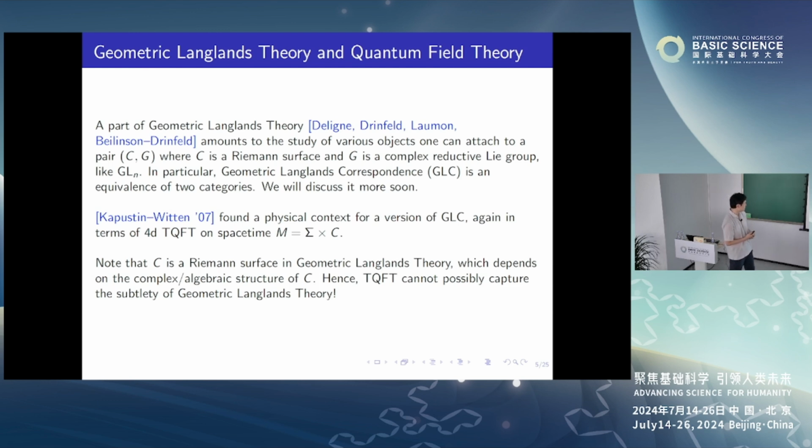That's also a big reason why geometric Langlands experts haven't paid too much attention to the work of Kapustin and Witten and haven't tried too hard to understand it. But this is the fundamental problem, because it is important to consider TQFT to see anything like geometric Langlands from a physics perspective.